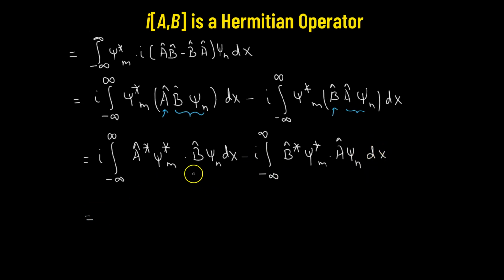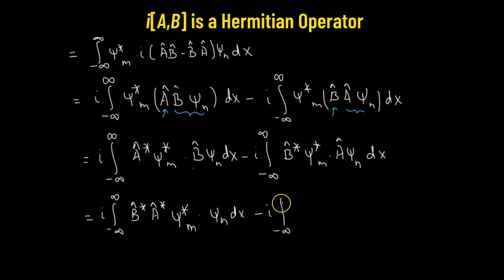Then we again have the operator B operating on psi n. Since B is Hermitian, we have i times the integral of B conjugate, which operates on A conjugate operating on psi star m, times psi n dx, minus i times the integral where the operator A operates on psi n.